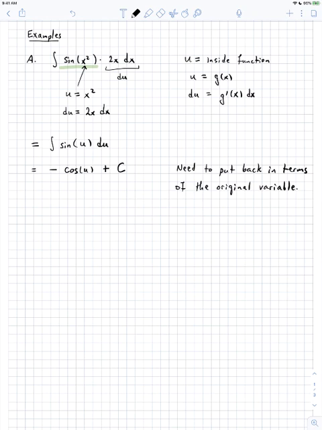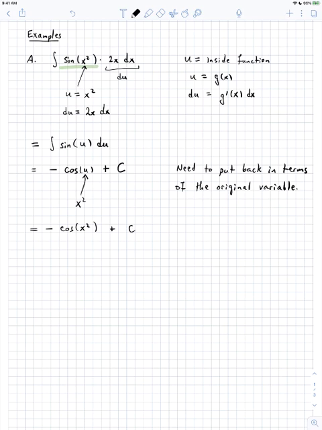Well, that's easy enough to do because we know that u is equal to x squared. So anytime you see a u, which is right here, you just simply have to plug back in x squared. So you end up with minus cosine of x squared plus a constant. And that's our general antiderivative.